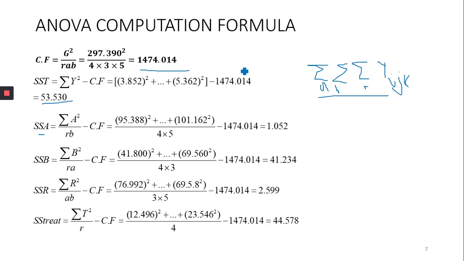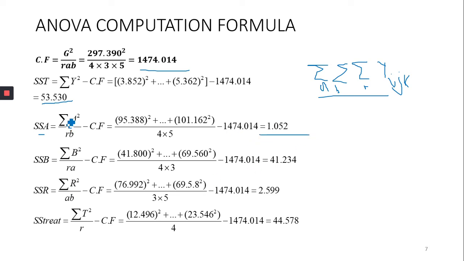The totals for A, all the totals for A squared, divided by R times the number of levels of the other factor. That is very, very important. For SSA, you don't divide by the number of levels of A again. You divide by the number of levels of the other factor multiplied by the replications, of course. But you have to subtract the correction factor, and you get that one.